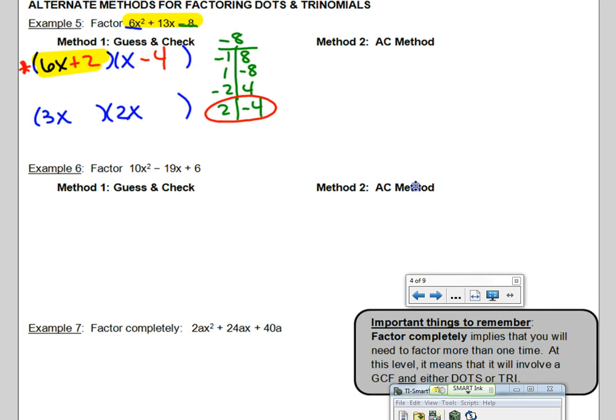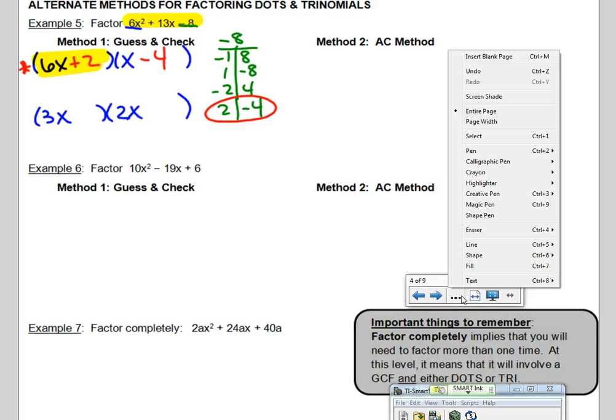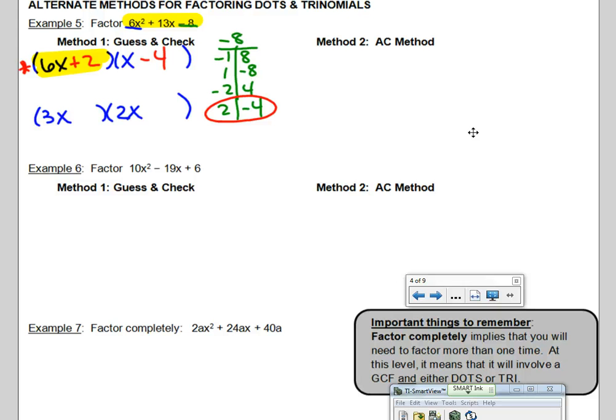Right here, that factor has a GCF of 2. So I'm not even going to bother checking this. It's not going to work because you can't magically have a GCF appear somewhere when the original didn't have a GCF. So I know that 2 and negative 4 are going to be wrong, and even if I switch it, I know it's going to be wrong because there'll still be a GCF in it. So it's definitely not those two.